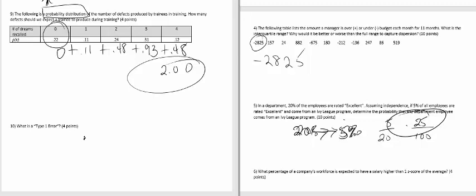Takes us to question number 10. What is a type 1 error? Okay, a type 1 error is a false positive. A number of people said false positive is good. What does that mean? It means you conclude that your hypothesis is true when in fact your hypothesis is not true.